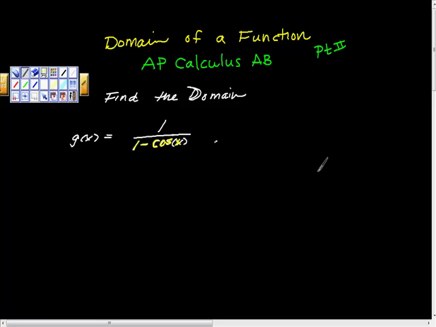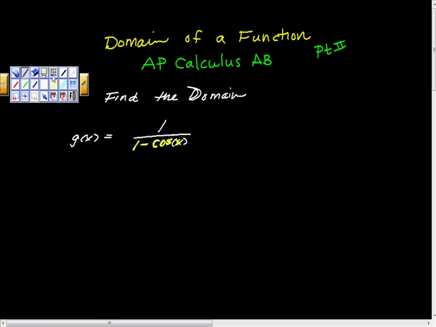So the question here is, what is the domain of g of x equals 1 over 1 minus cosine of x? The problem is trigonometric, but the idea is arithmetic: we know that the denominator of a fraction can never go to 0, or it becomes undefined.